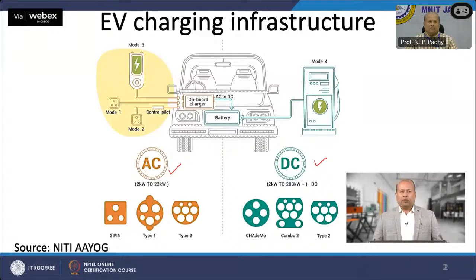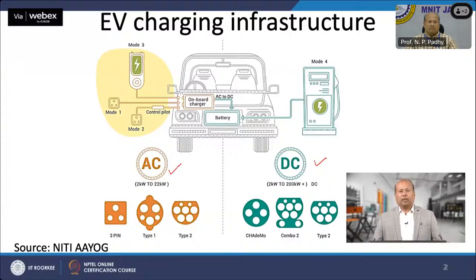The next mode of operation, mode 3, requires EVSE equipment to charge the electric vehicles, which is permanently connected to the electrical network. Moreover, the control box is inherently integrated into the EVSE.